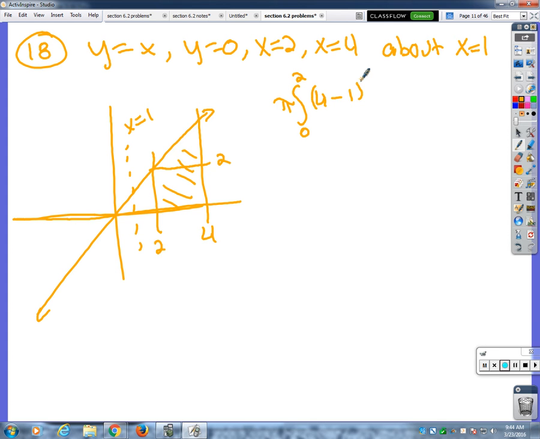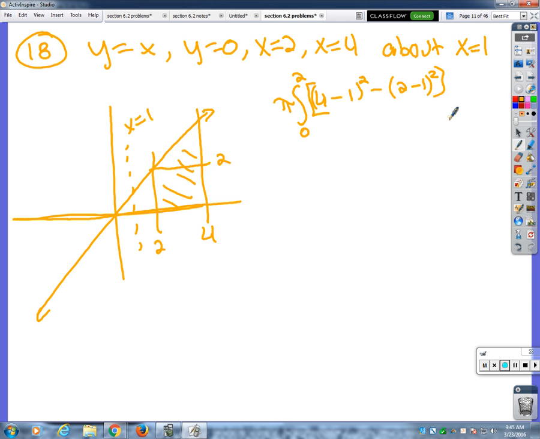That should make sense to you, because this is just going to be a cylinder with a radius of 3. Minus the one that's closest to the axis of rotation, which is x equals 2, minus the axis of rotation, which is 1.